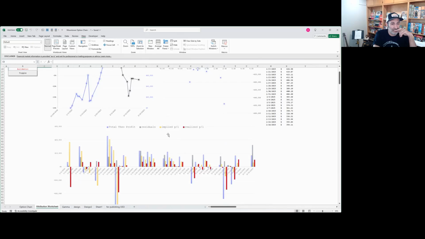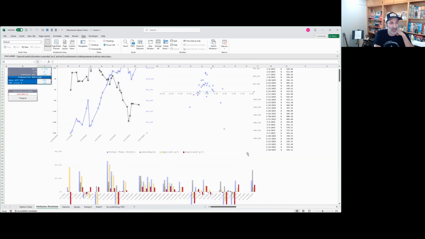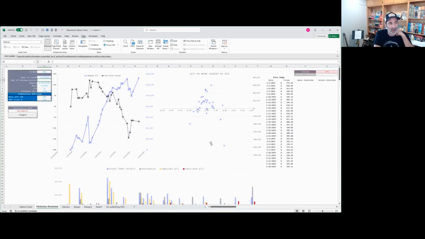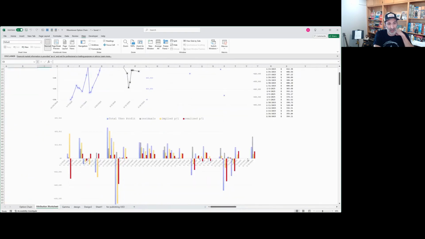Okay. And you can see here, these red lines are the realized vol P&L, and that makes sense. Your realized vol P&L is having a very large impact on your total P&L, and that's because you're talking about more like a 7 week option in Tesla, and the realized vol P&L is starting to have a very large impact on the back end here.